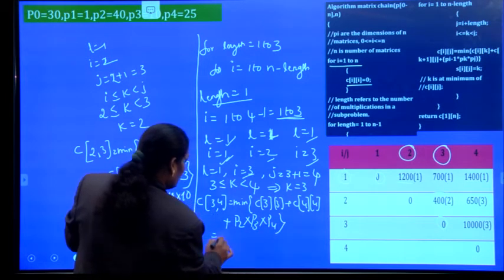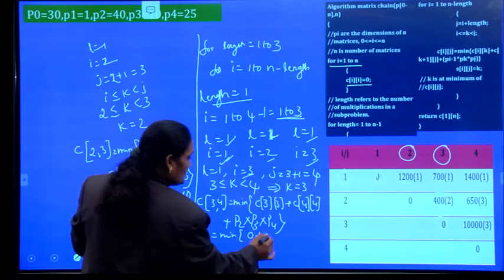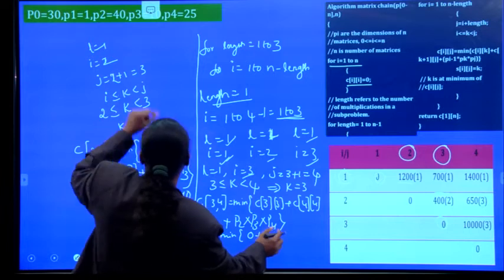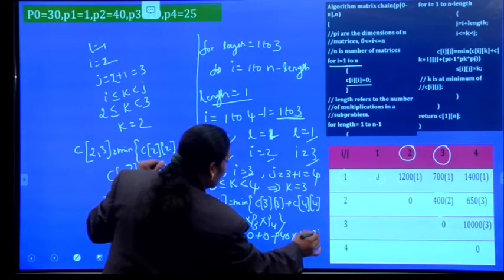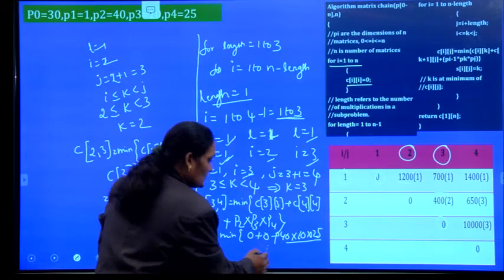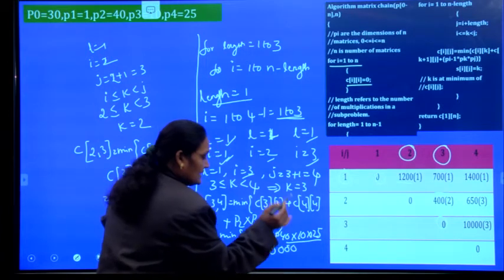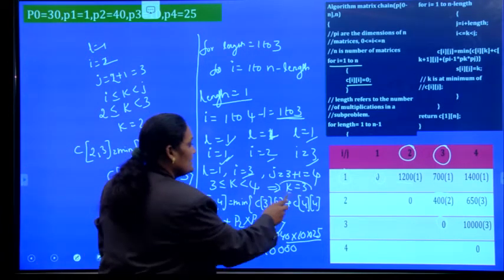This is equal to minimum of 0, C33 is 0, C44 is 0, plus P2 is 40, P3 is 10 and P4 is 25. By multiplying these three values we get 10,000, and its corresponding k value is 3.